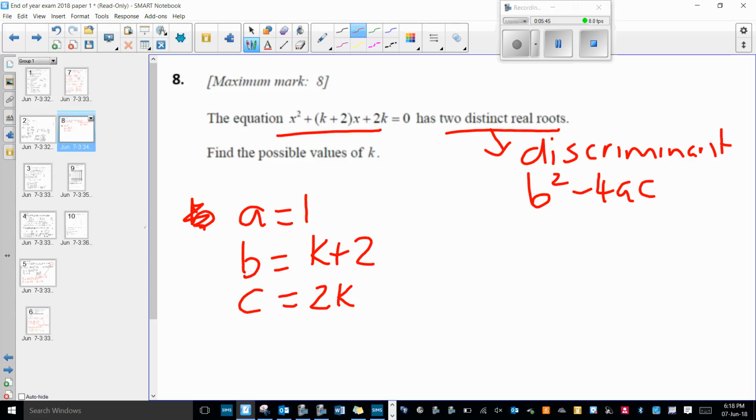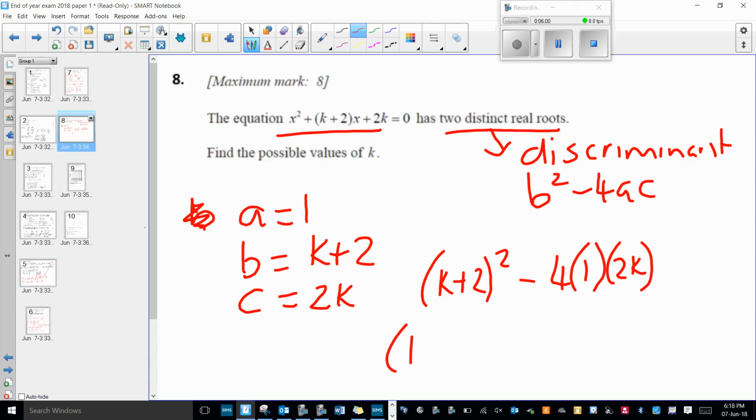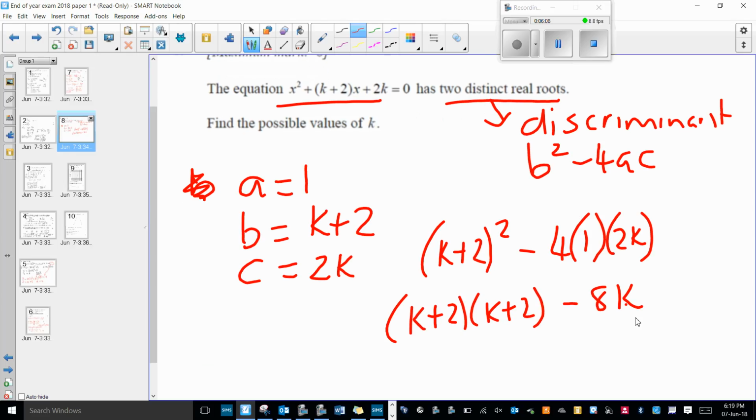So b squared minus 4ac, our expression would look like this. Note my brackets are super important. Okay, so we've now got, multiplied by 1 multiplied by 2k.